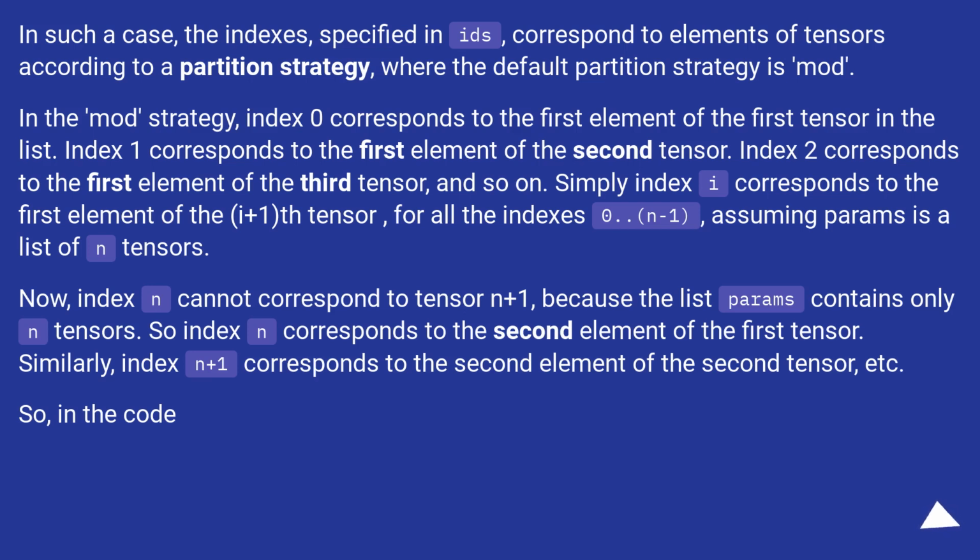Now, index n cannot correspond to tensor n+1, because the list params contains only n tensors. So index n corresponds to the second element of the first tensor. Similarly, index n+1 corresponds to the second element of the second tensor, etc.